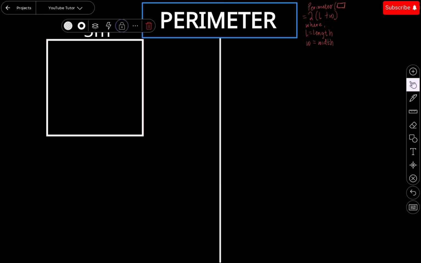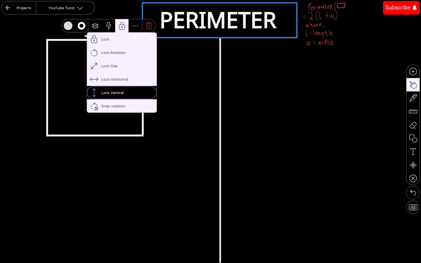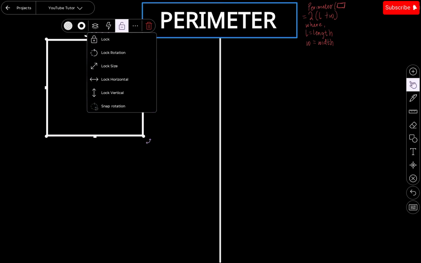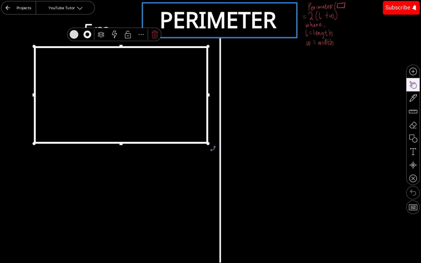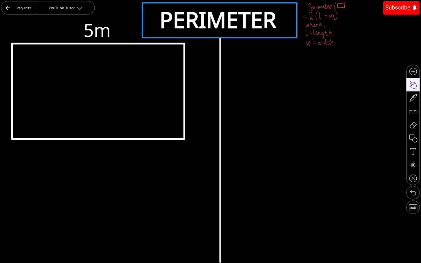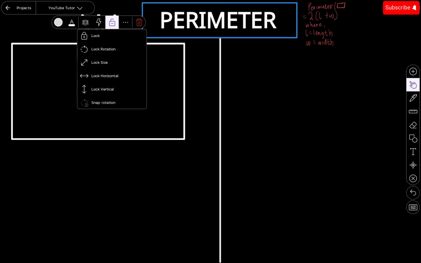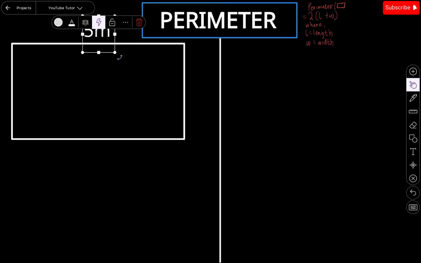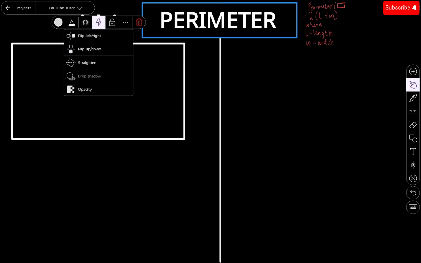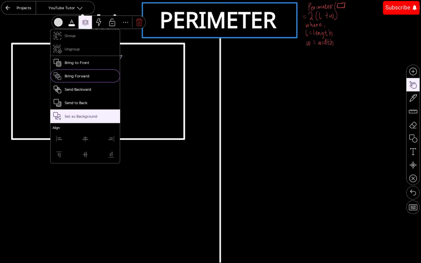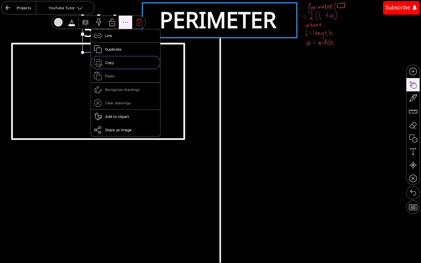Now, what if I told you that this same figure can be made a rectangle this time around? And now we change this. So let me duplicate this. Where is the duplicate? It should be somewhere here.